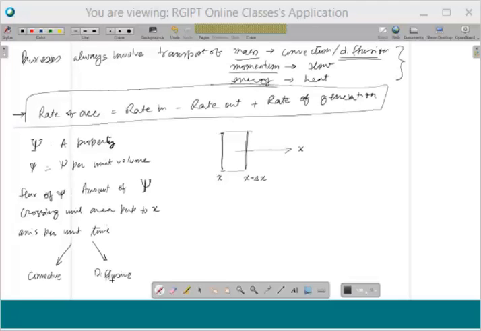Well, this diffusive nature and convective nature separate out because of the fact that there's a graininess in the material.